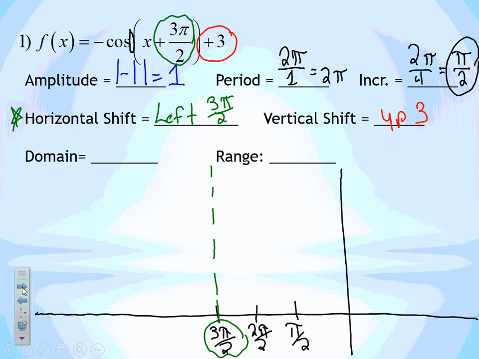Now I have to make sure I go 4 spots to the left and 4 to the right. So I'm already, these should all be negative, already working to the left, so I need to go 4 more spots. So I have to have 4 more spots to my left. So the next one's going to be negative 4 pi over 2, negative 5 pi over 2, negative 6 pi over 2, and negative 7 pi over 2.